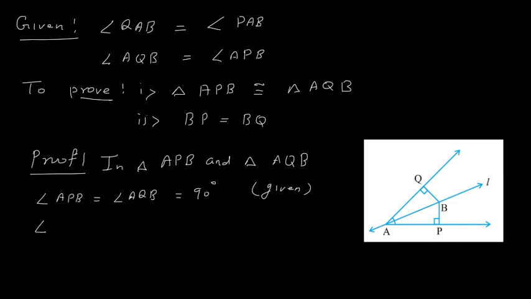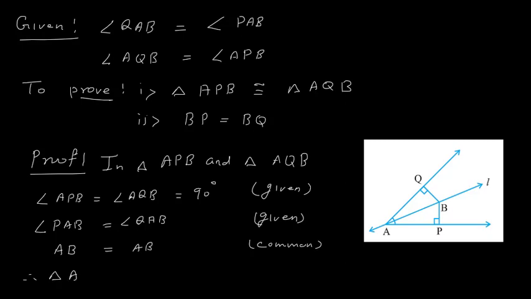Angle PAB is equal to angle QAB. This is given because line L is bisector of angle A, and side AB is equal to side AB. This is a common side. Therefore triangle APB is congruent to triangle AQB. Reason: angle angle side criteria.